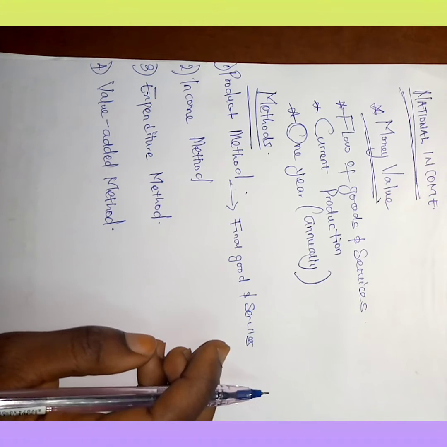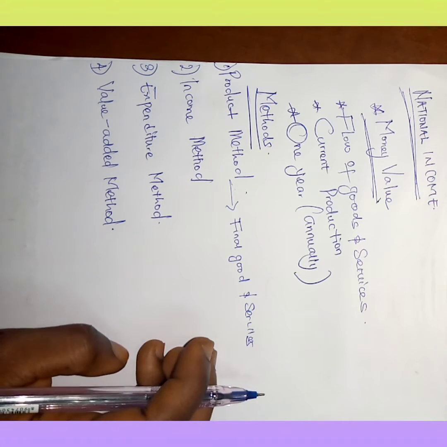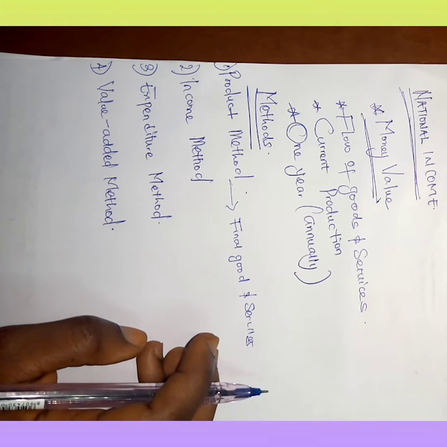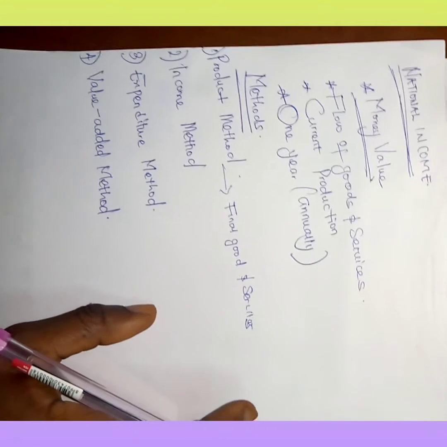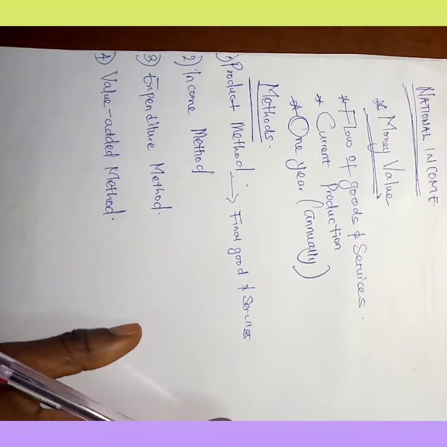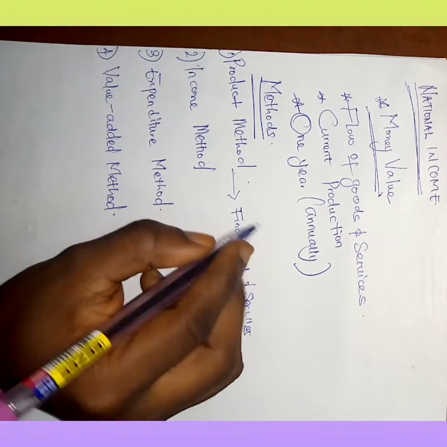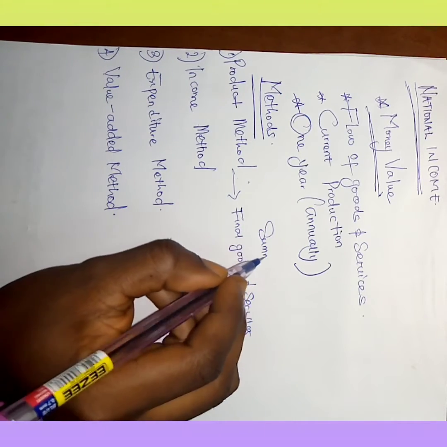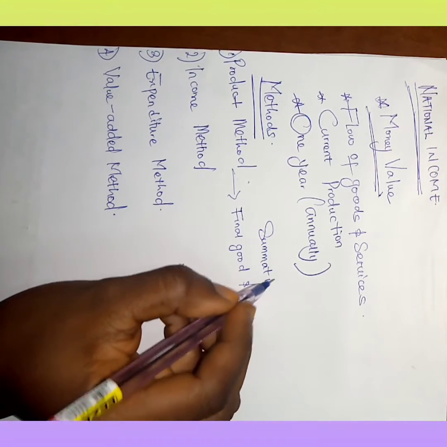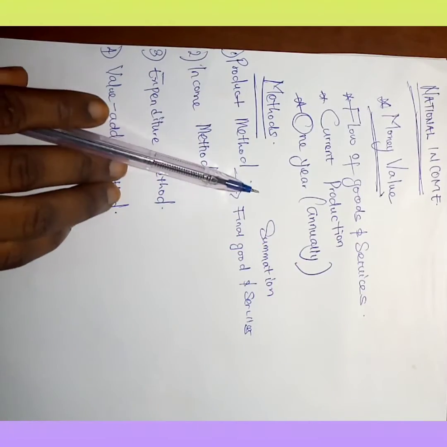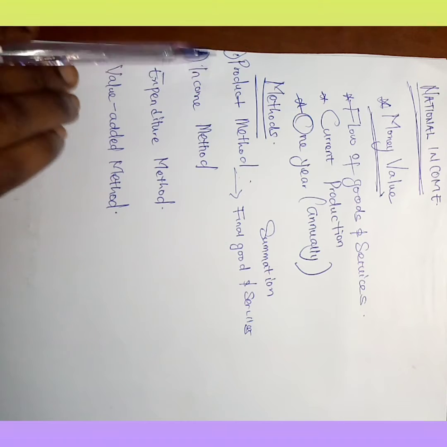It ranges from agriculture to construction, mining and quarrying, and even the service of doctors, lawyers, all fall under economic activity. So when we are now looking at product method, the summation of all of the economic activity rendered is equal to the national income by using the product method.